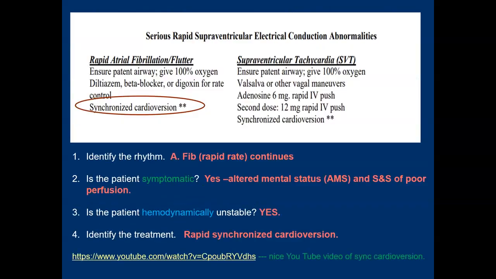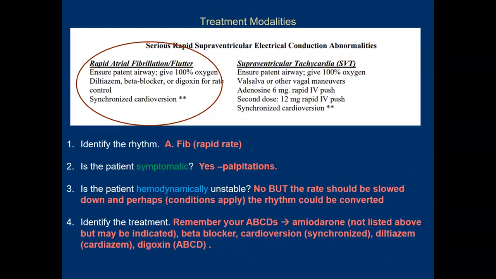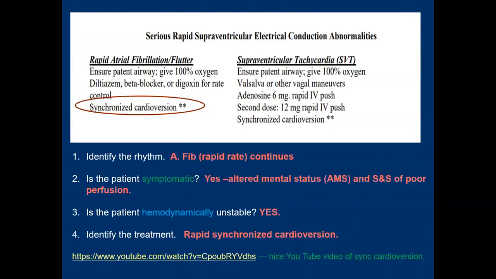So again, we know that this rhythm is atrial fibrillation with a rapid rate. And whatever was given in the initial scenario, I perhaps read it, but I don't remember. Oh, well, we didn't choose one, but let's just pretend that we gave Cardizem. If we gave a drug to slow the rhythm down, we see that the rapid rate continues.